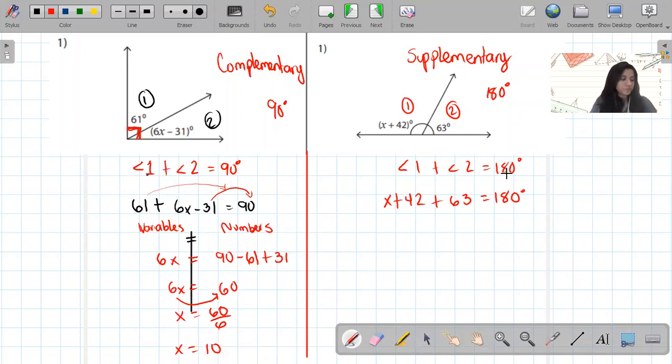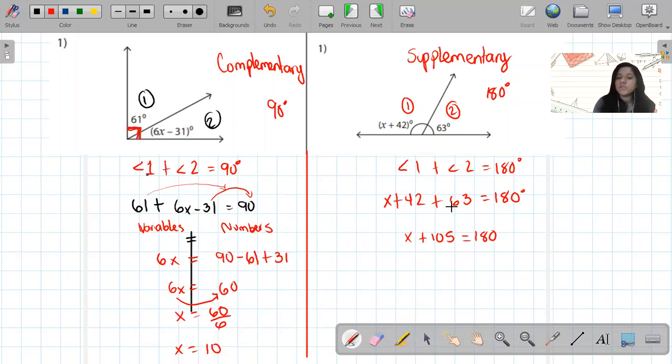Here you can move the numbers to one side and the variables to the other, or you can solve what you can. In this case, I can take down x and solve 42 plus 63, that is equal to 105, and I take down the 180.